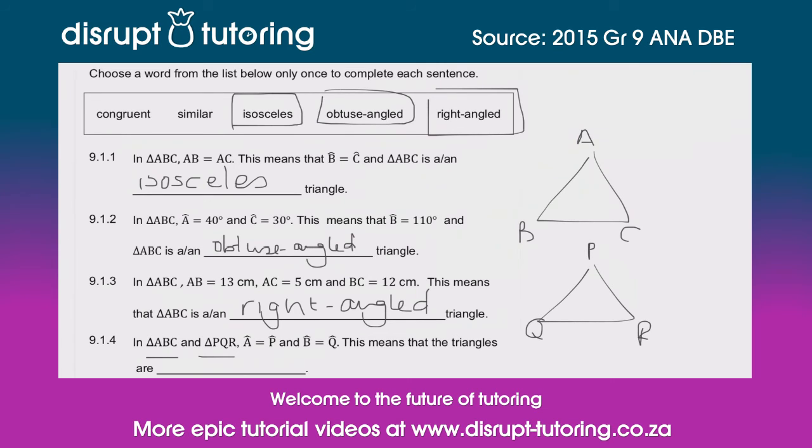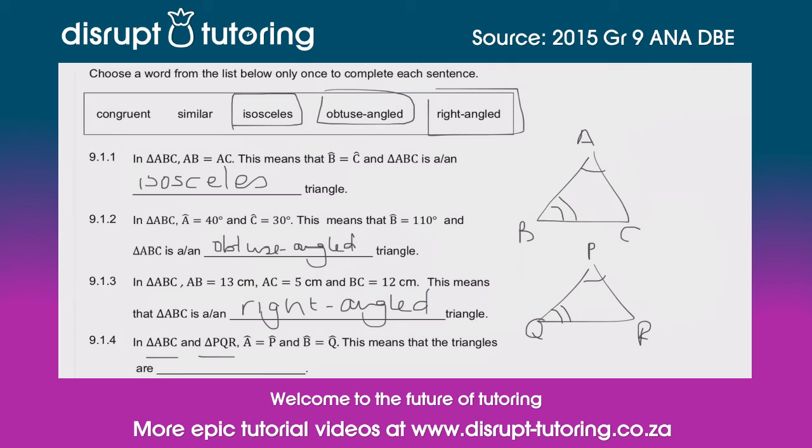And they've said to us that A is equal to P, and that B is equal to Q, so we're going to label that as well. So that would mean that this angle is the same size as well. Why? Because if these two angles are equal to each other, and all the angles in a triangle add up to 180 degrees, do we agree that C would then have to be the same size in both triangles? So that means both triangles have the same size angles.